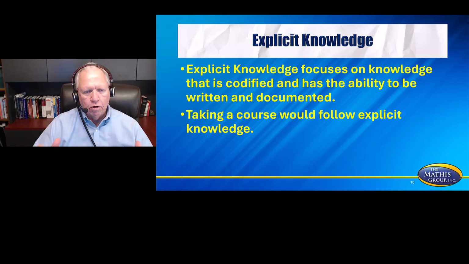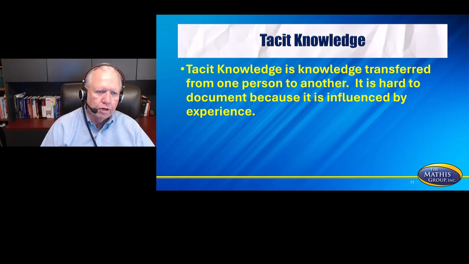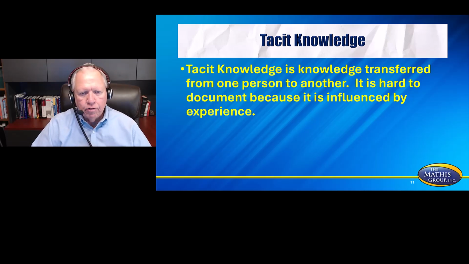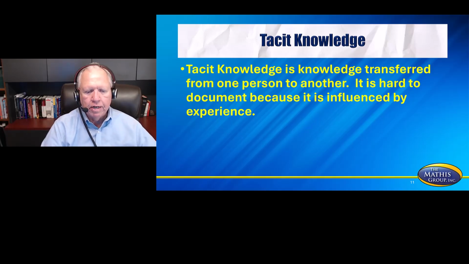When I talk about what the test has, that's going to be more tacit, because I'm telling you from experience of the thousands of people we've taken through the PMP bootcamp what the test is typically like. Tacit knowledge is knowledge transferred from one person to another. It's hard to document because it's influenced by experience, and that person is putting their spin on it based on their experience and insights.